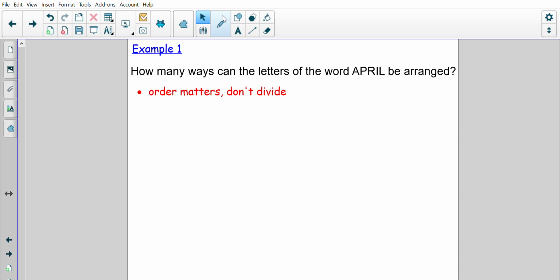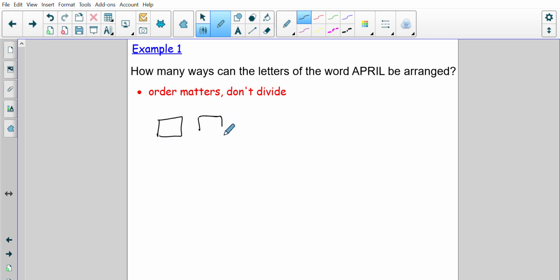So let's have a look at this example. How many ways can the letters of the word April be arranged? Here we're arranging the letters, so order matters, so we don't need to divide. The way we're going to approach these problems is we're going to draw 5 boxes for the 5 different letters we're going to pick.